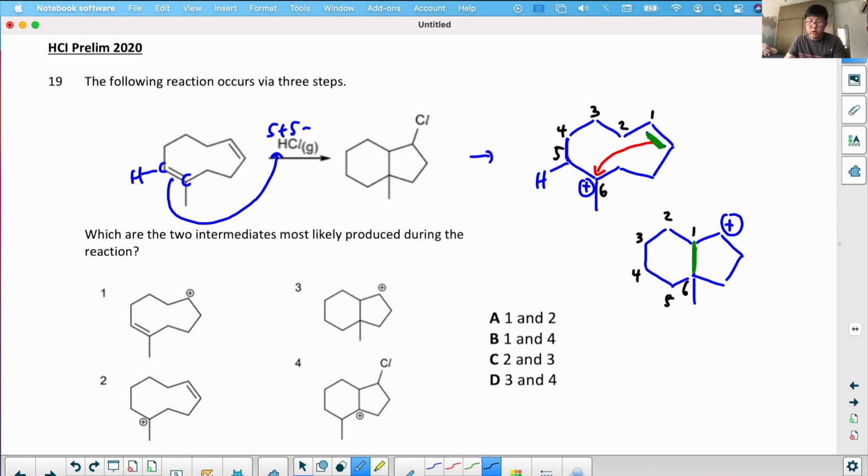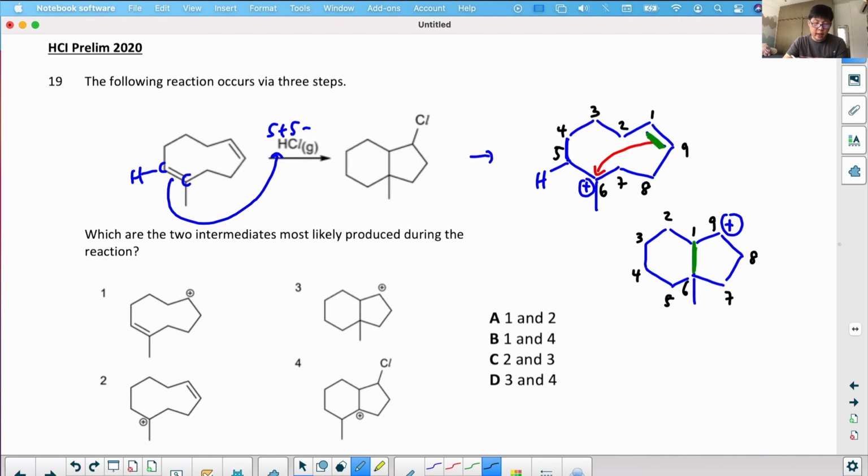Can you see that? That's where it joins. So if I have to number it nicely after that, it'll be like, say this 7, 8, 9. All right. So 9 actually becomes the carbocation.